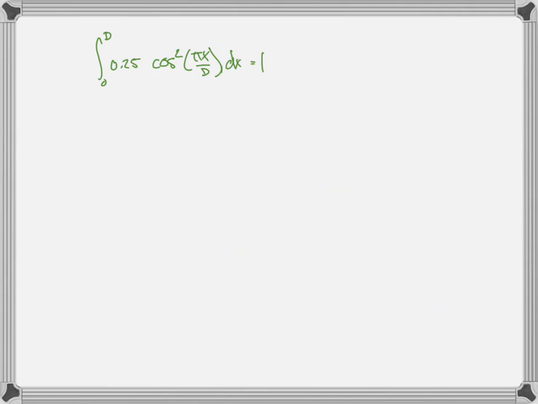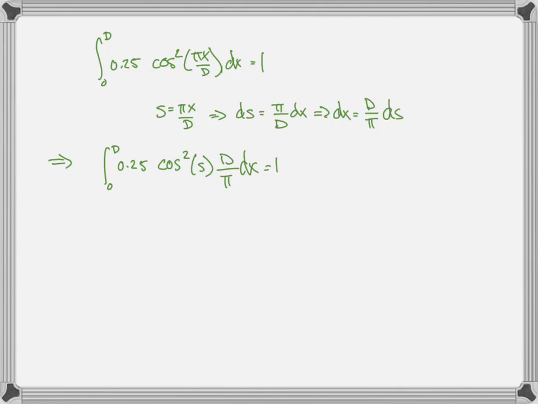So evaluating this integral, I'm just going to be careful and do a substitution. Let's pull the constants out: 0.25 d over pi, integral of cosine squared s ds equals 1. That was supposed to be an s since it is a substitution.